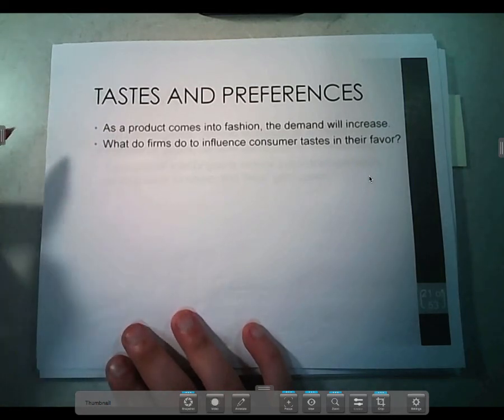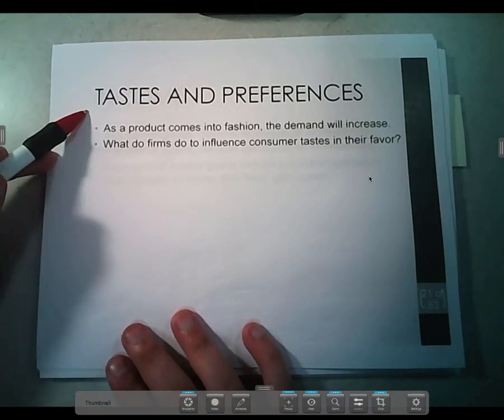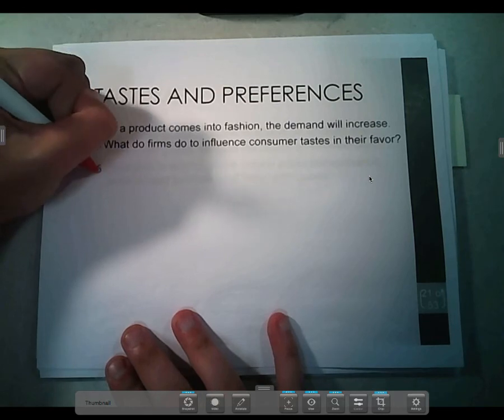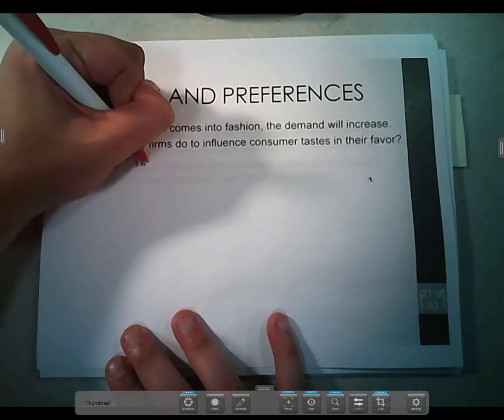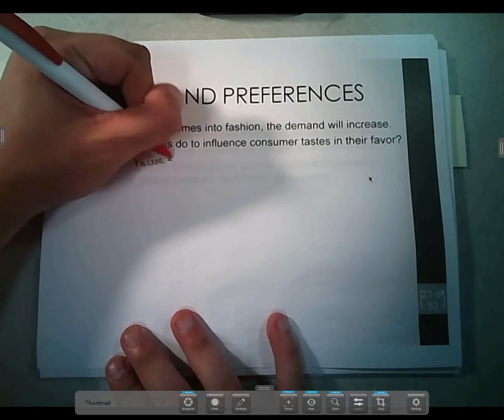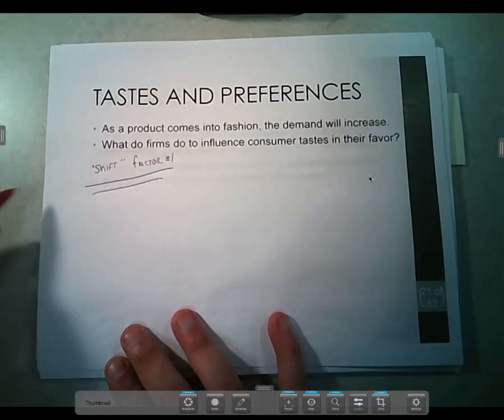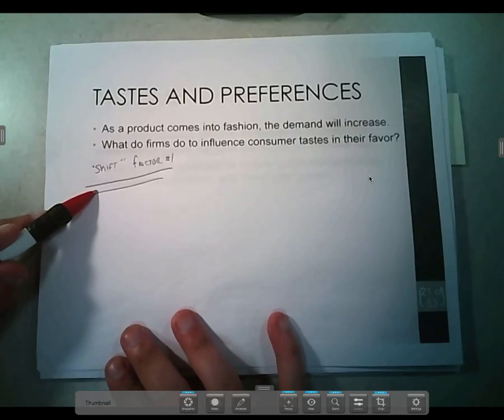So what we're doing here is going through each of these other factors that can affect demand and shift the demand curve. Let's call these, I'm making this term up, shift factor number 1.